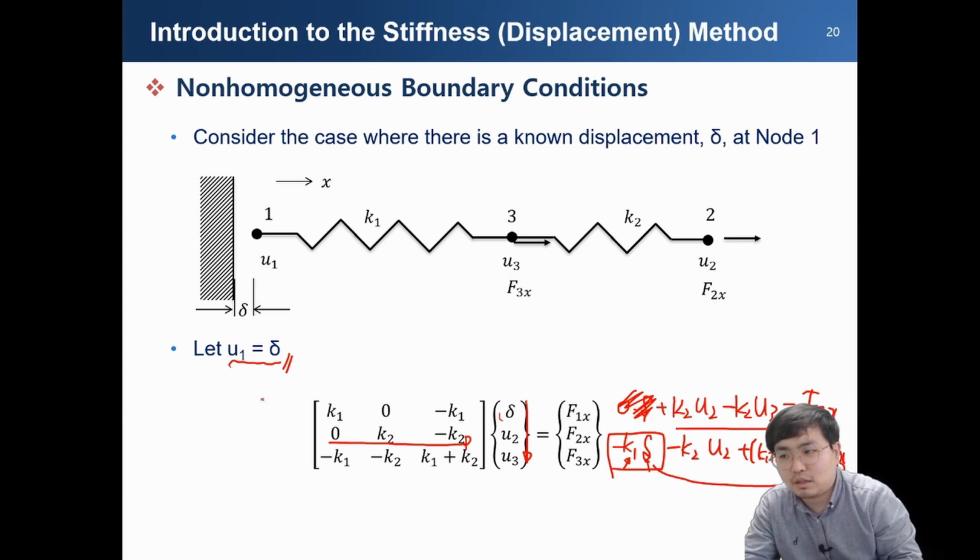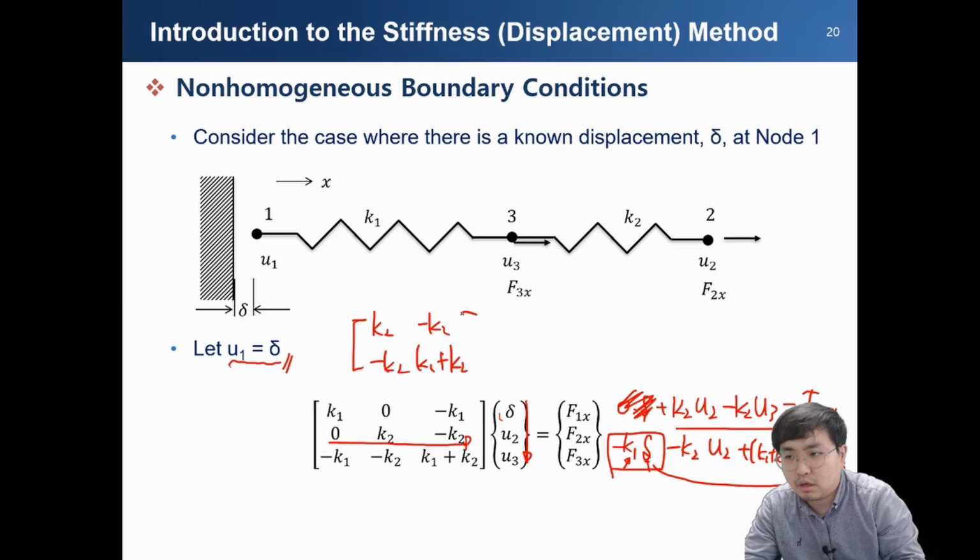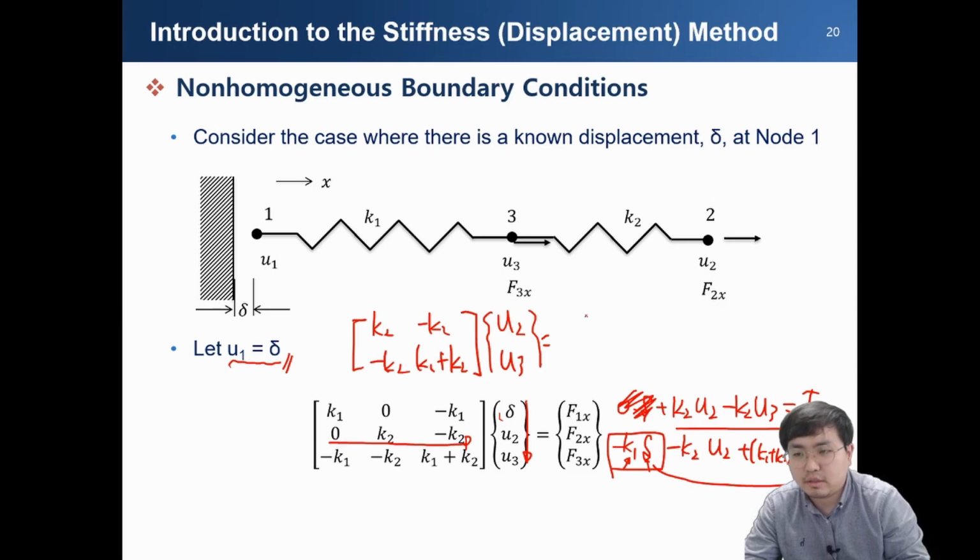If you want to reduce this matrix, similarly the reduced stiffness matrix looks like this, with u2 and u3. However, the right-hand side is not f2x, f3x anymore. So we need an additional term here.